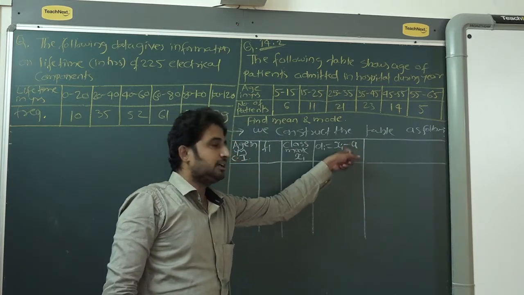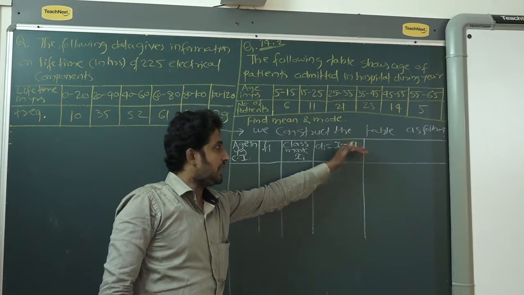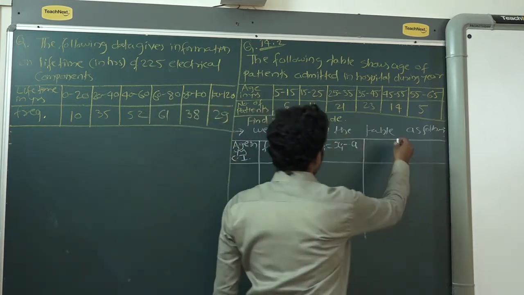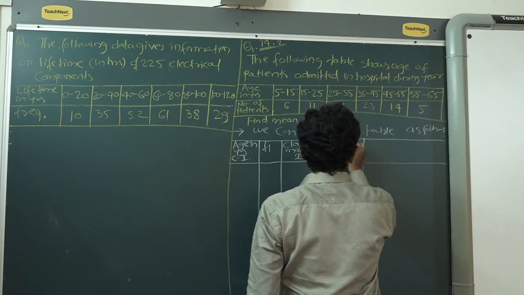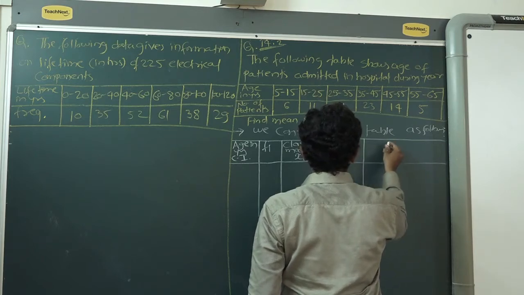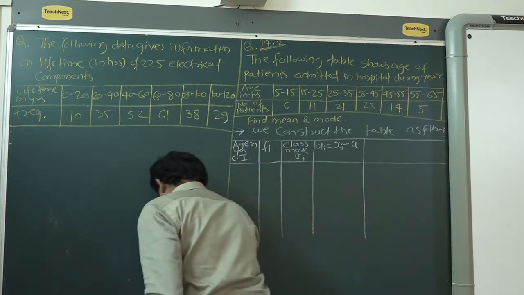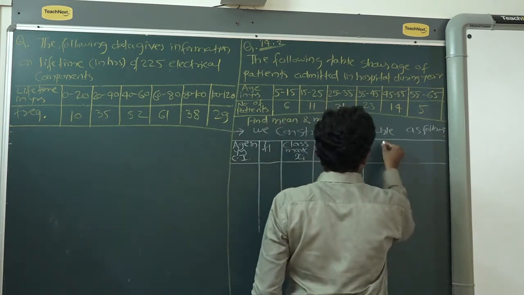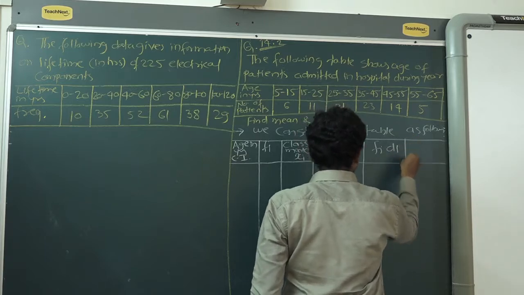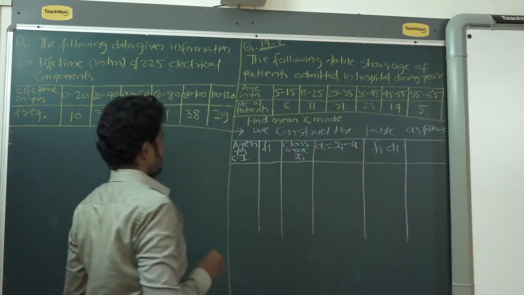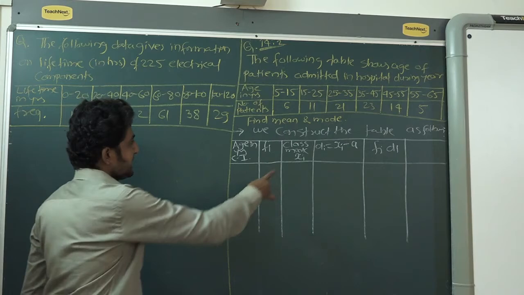Very good, A is our assumed value. The last column is where we are applying fi di.